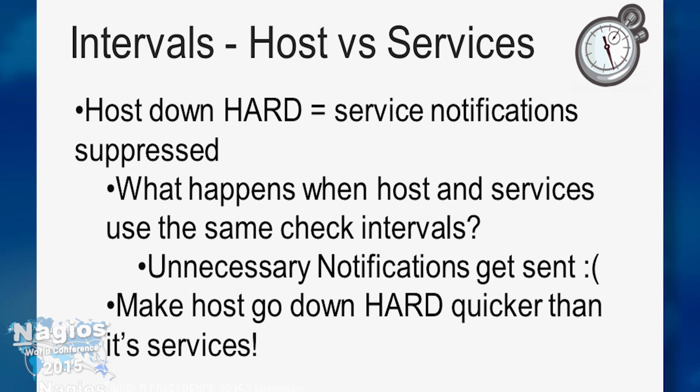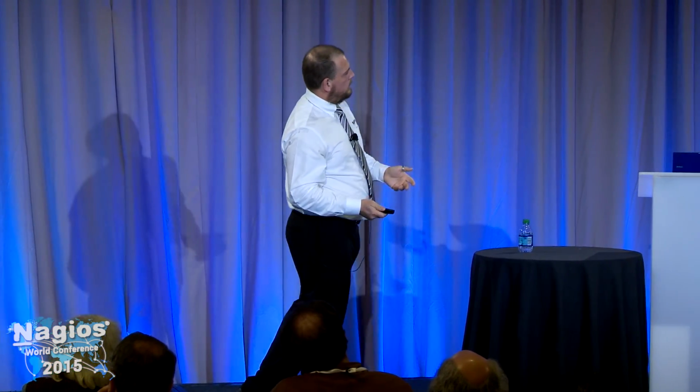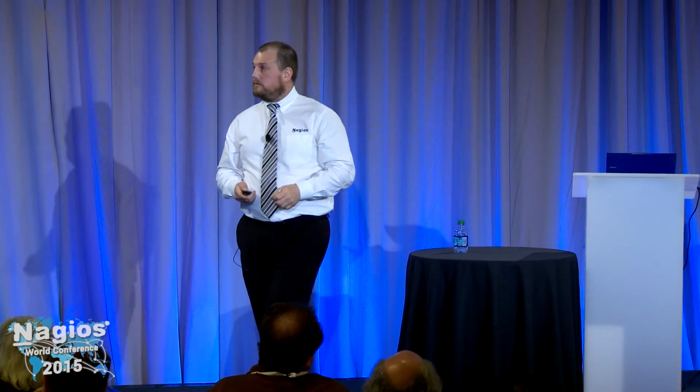But if your hosts and the services execute at the same time, then you can get a condition where some of the services will go critical before the actual host goes down. So the key thing is, make sure your host goes down hard, quicker than its services. And that will suppress the notifications. The data will still be collected, the checks will still be run, but you won't get notifications for the services.